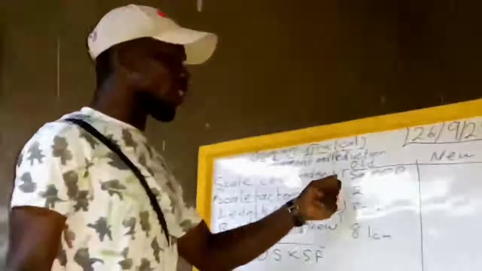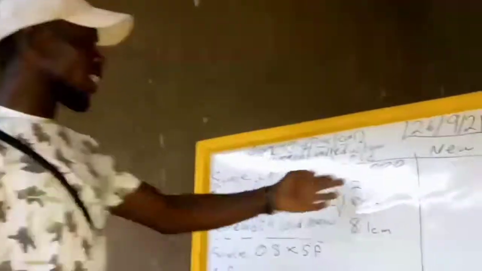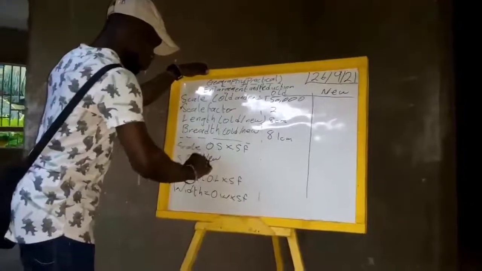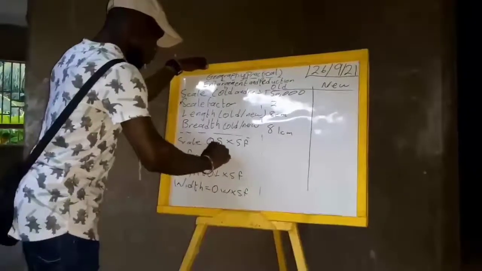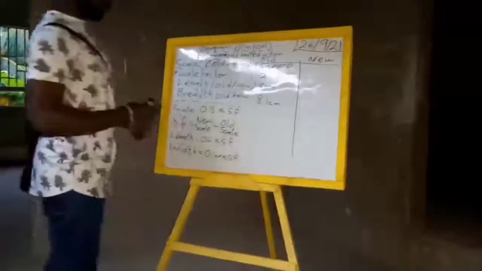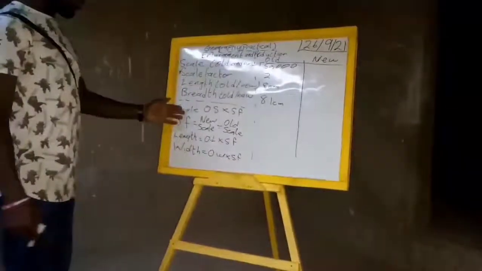So based on the scale factor, then you can determine whether the map has been enlarged or reduced. Now here's how to find the scale factor. You will just divide the new scale by the old scale. So these are the formulas.